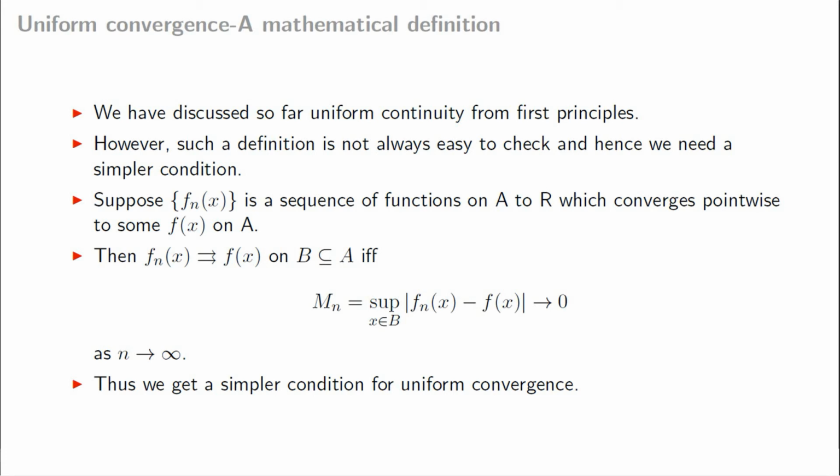Thus, we get a simpler condition for uniform convergence. Actually, we are replacing our finding a maximum by a sequence in n, and checking whether this goes to 0. If it goes to 0, then we can say uniform convergence over the set B, and if it doesn't go to 0, uniform convergence cannot be decided.